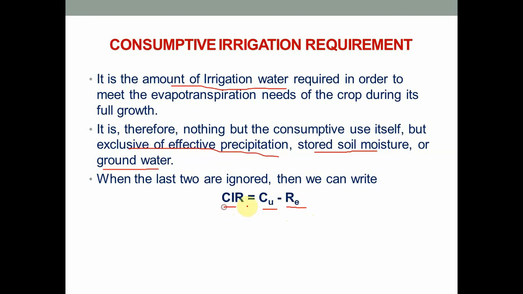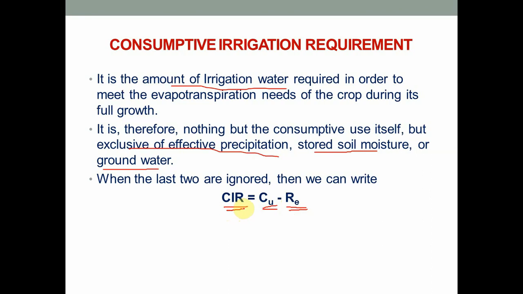If you have not understood, we'll again see. Okay, now what is consumptive use? You have seen it is the total water used by the plant for its evapotranspiration needs. Now some amount of that water is provided by effective rainfall. So some amount of the consumptive use requirement will be provided by rainfall water, but the remaining amount of water required for consumptive use should be made with the help of irrigation water.